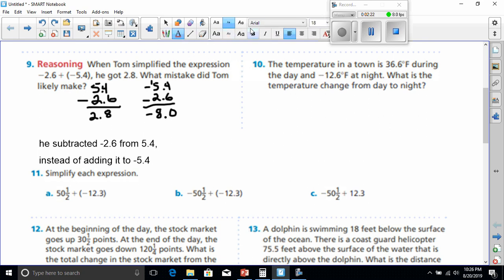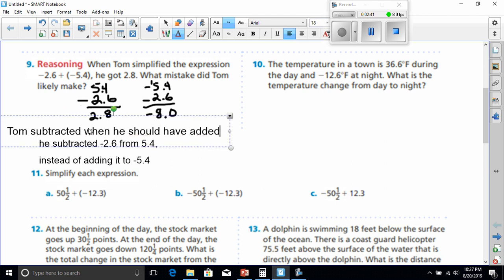Well, let's see. I would say that Tom subtracted when he should have added. You could also say that Tom forgot when you have two negative numbers, you add instead of subtract.